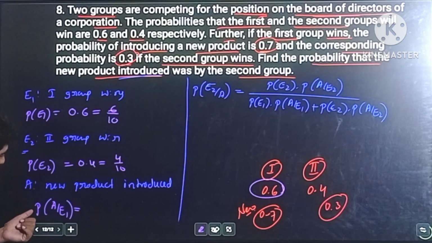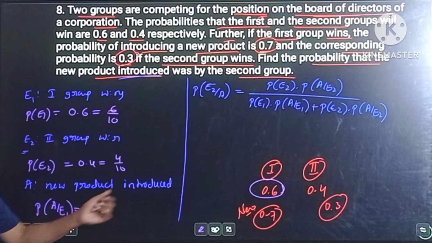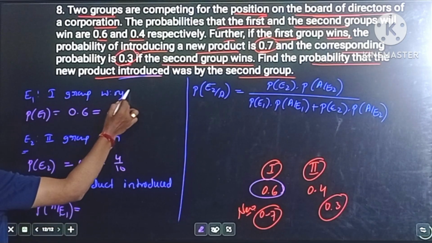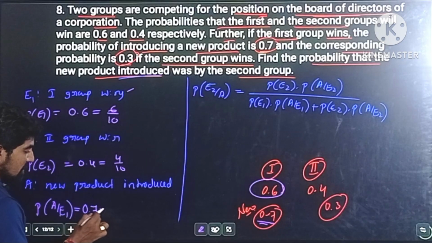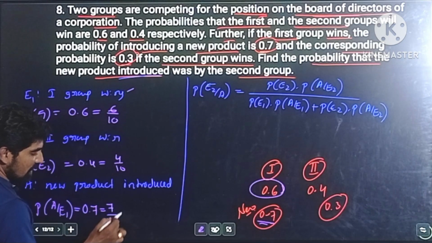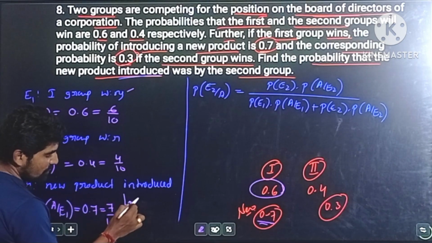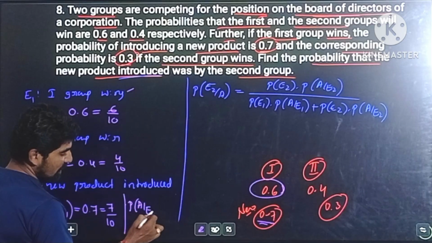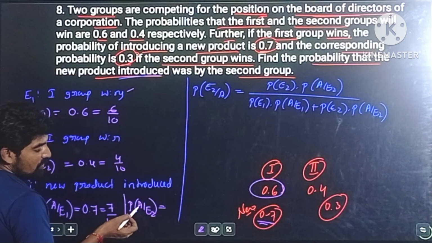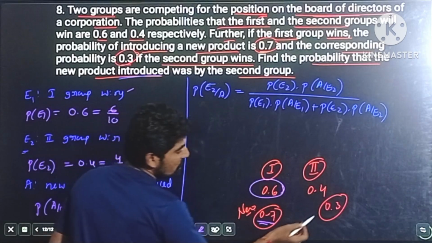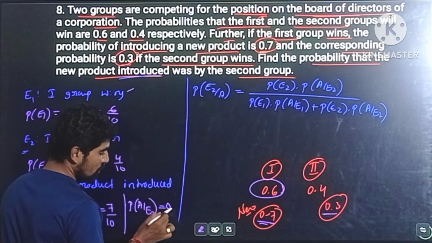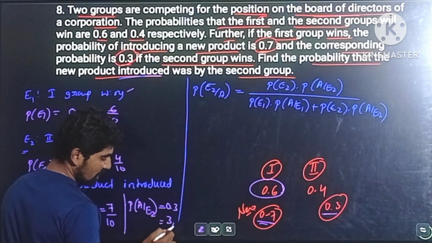The probability of the new product being introduced by the first group is 0.7, which equals 7 by 10. Similarly, we need probability of A by E2, the probability of the new product being introduced by the second group, which is 0.3, equal to 3 by 10.